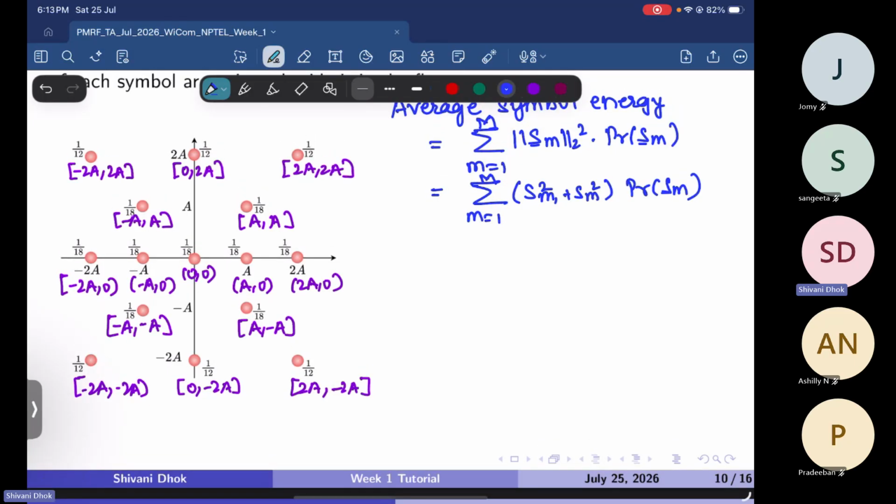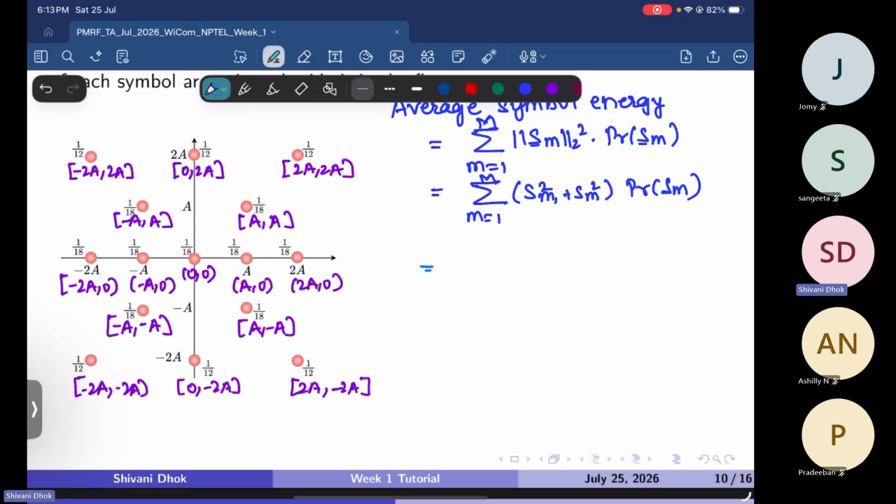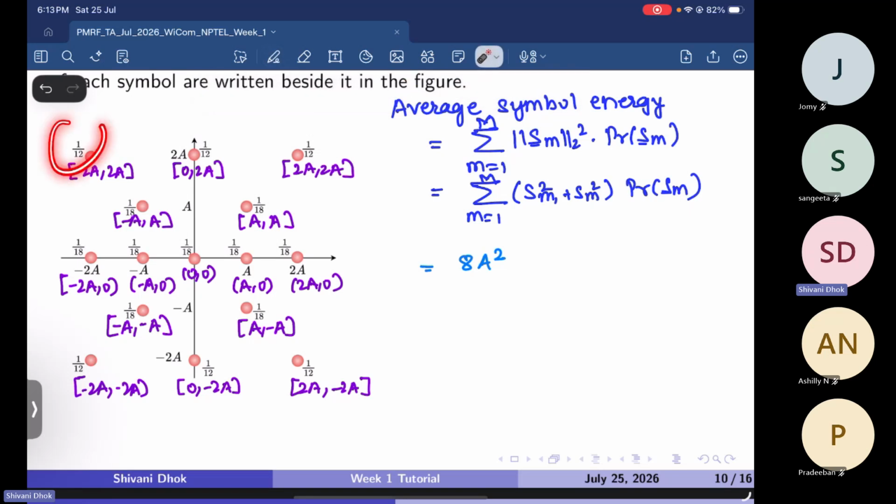Okay, so we have this, and this will be equal to, let's start with this point. So this point has an energy of 2a whole square plus 2a whole square, that is 4a square plus 4a square, that is 8a square. So you have 8a square into its probability is 1 by 12.